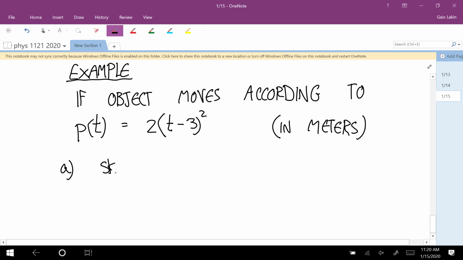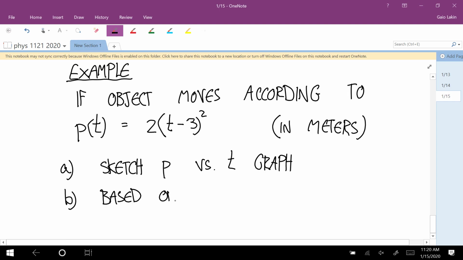Let's first sketch the position versus time graph. Based on that sketch, let's figure out when the object is moving in the negative direction, the positive direction, and when it's stopped.